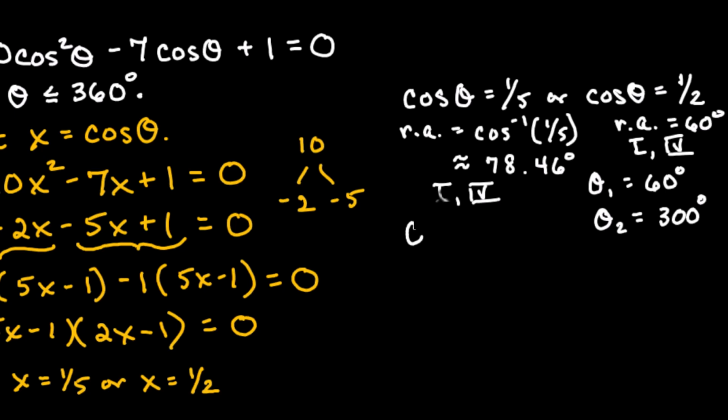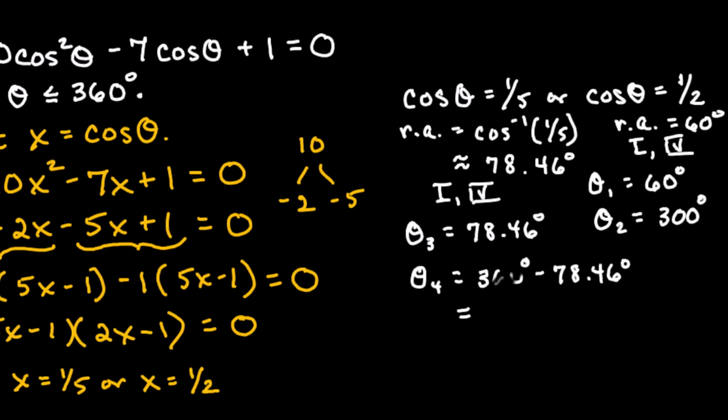So theta 3 will be the angle in the first quadrant, which is 78.46 degrees. And theta sub 4, that will be the angle in the fourth quadrant, which will be 360 degrees minus 78.46 degrees. That comes out to 281.54 degrees.